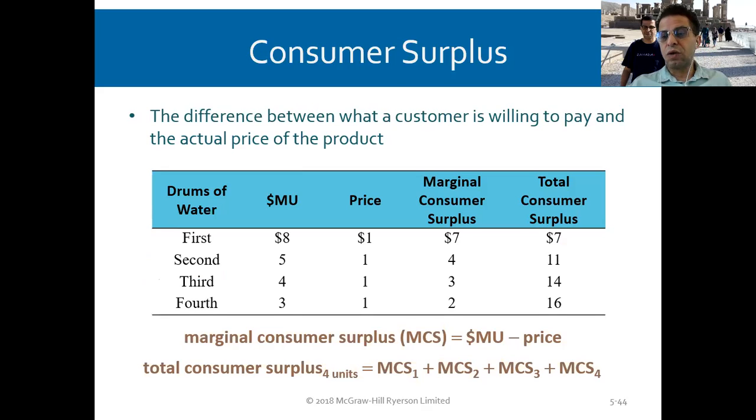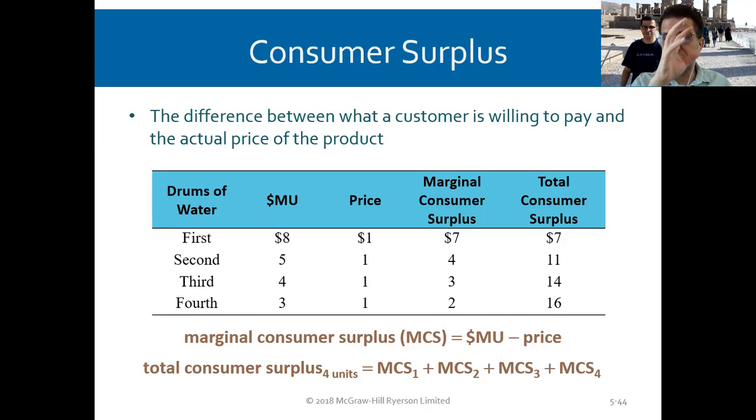So what is consumer surplus? Let's say you are willing to pay $5 to buy 5 units. You don't buy the first 4 at $6 and the last one at $5.